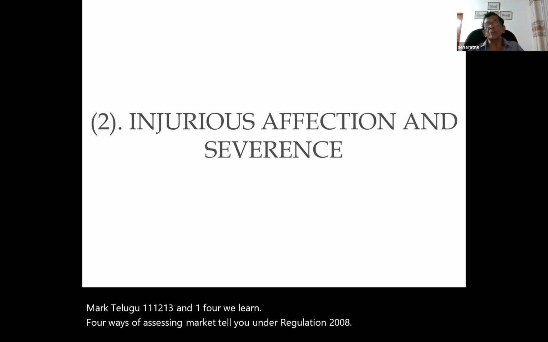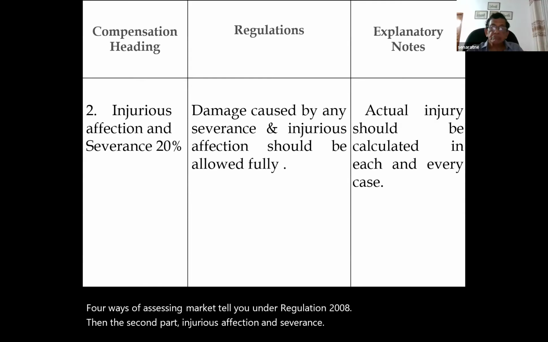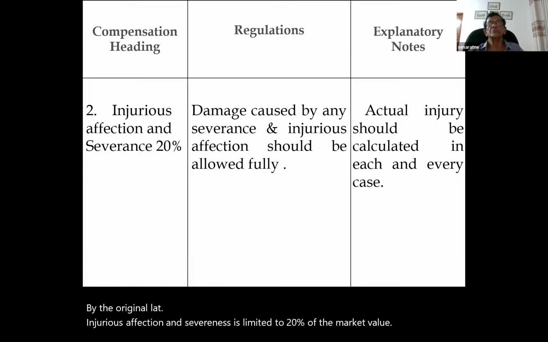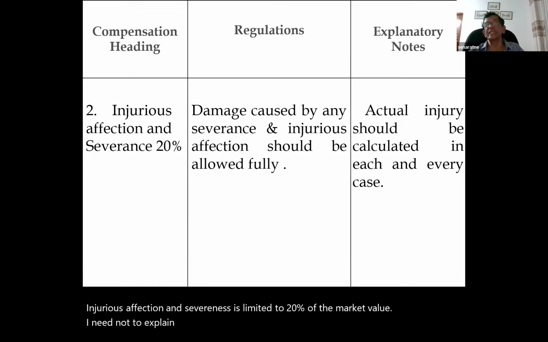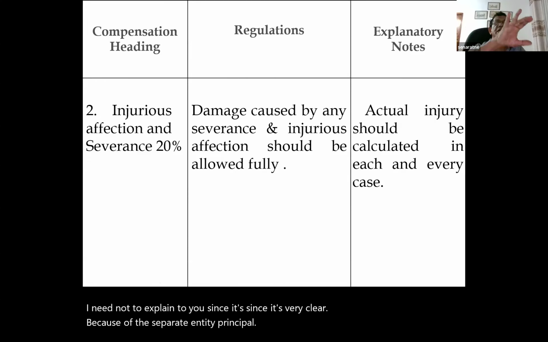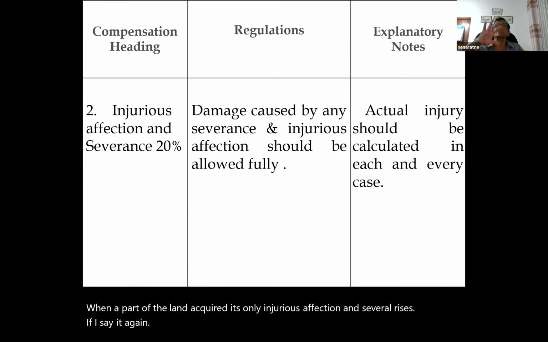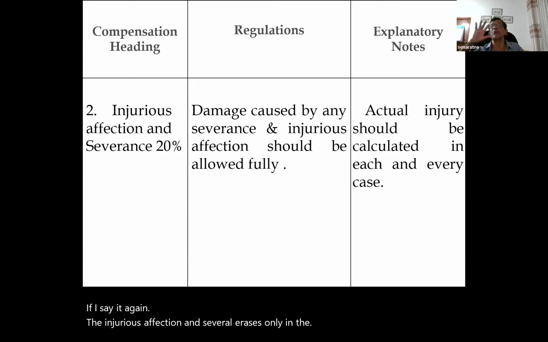Then the second part, injurious affection and severance. By the original act, injurious affection and severance is limited to 20% of the market value. I need not explain to you since it's very clear. Because of the separate entity principle, injurious affection and severance arises only when a part of the land is acquired.